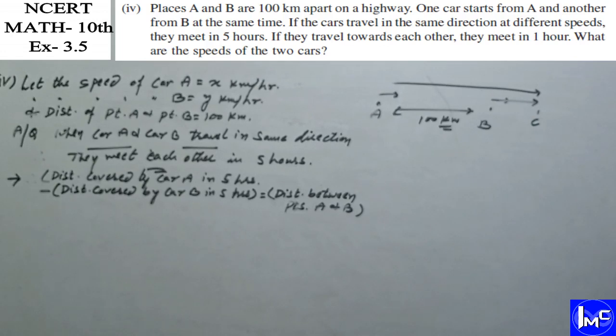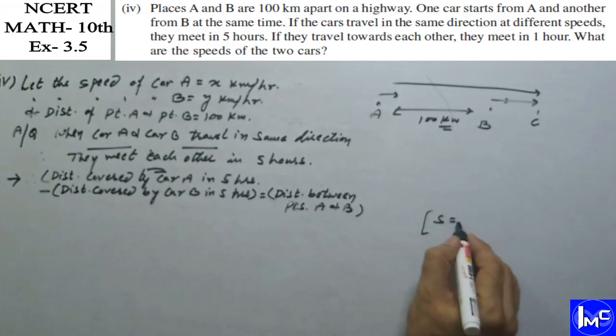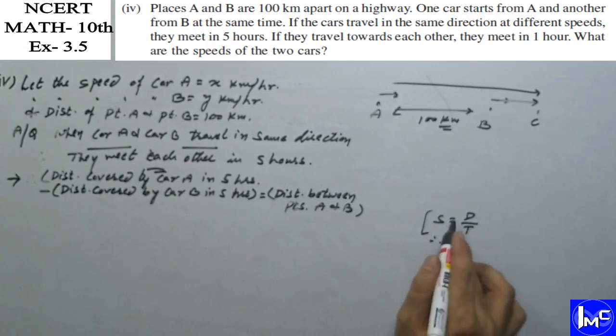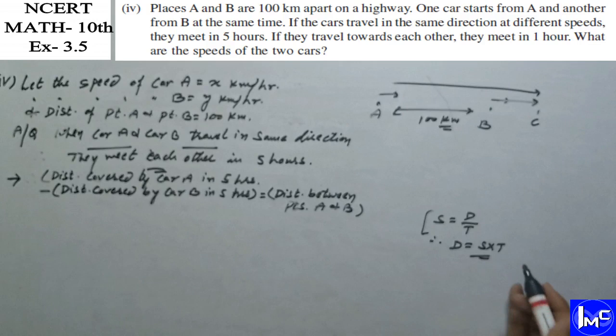Now I will find the distance covered by car A in 5 hours, and we know that speed is equal to distance over time, so distance is equal to speed times time.